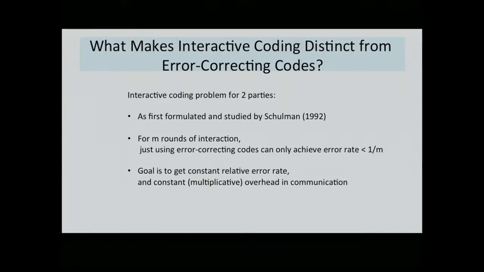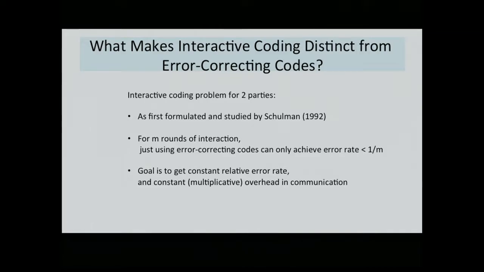So this problem was first formalized by Schulman in 1992, who noticed this fact that for m rounds of communication, if I only use error-correcting codes designed for the static setting of communication, I can only achieve an error rate less than 1 over m. So when m is super constant, we want to get something like a constant error rate.